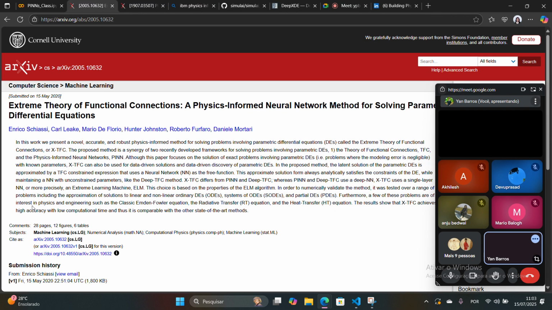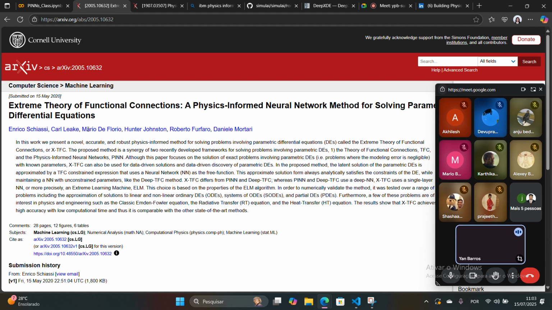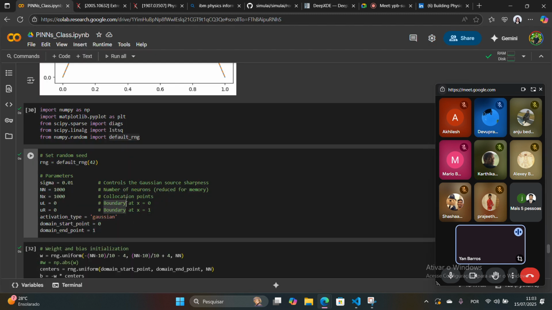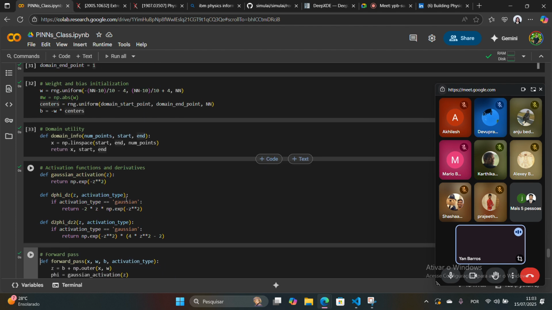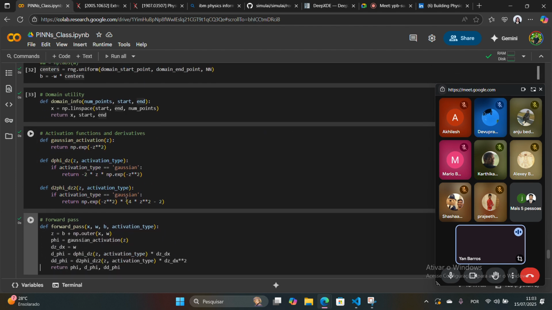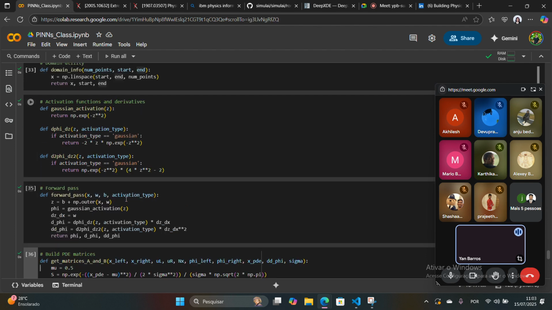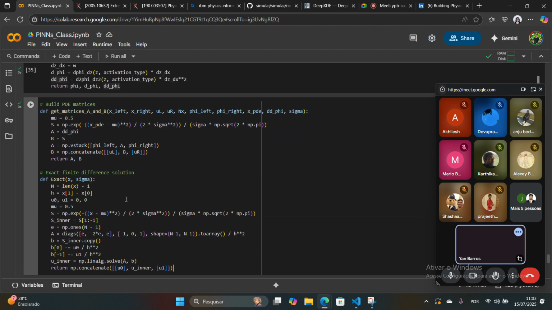It's a paper from Enrico Schiassi, Carl Leake, Mario De Florio. This is an amazing method for solving physics informed neural networks, because we approximate some functions. We don't need here to put the boundary and initial conditions for solving the problem. So this is an amazing way of solving this.